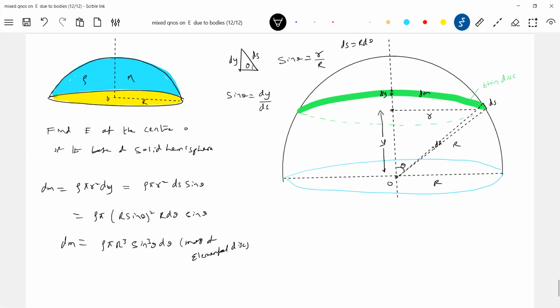Formula due to thin disk? Thin disk we have derived, yesterday's. It was in terms of sigma, no problem. We give it in terms of sigma only.